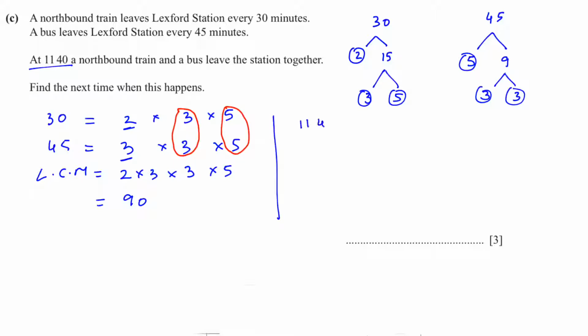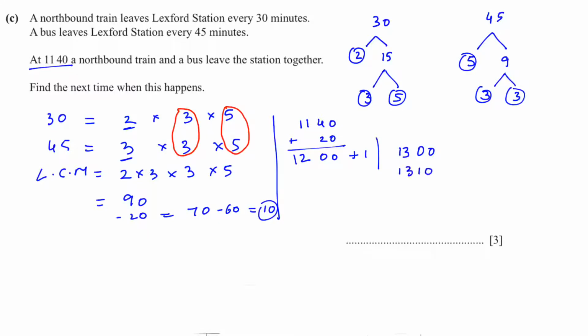So 11:40 plus 20 will give us 12 o'clock. So from here you subtracted 20, you have 70 remaining. We know that in 1 hour there are 60 minutes. So 12 plus 1 hour will be 13 hours, minus 60 from here, 10 minutes are still there. When you add 10 minutes, you will get 13:10. So that is your answer.